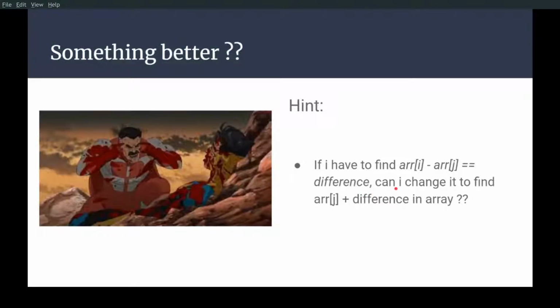So can I somehow save all these array elements into some place and then find whether I have an element array of j plus difference, does this element exist? Because if this element exists, then I can say that the difference between this element and this element will be the difference. Is it somewhat making sense?